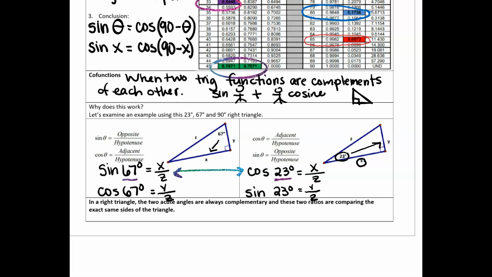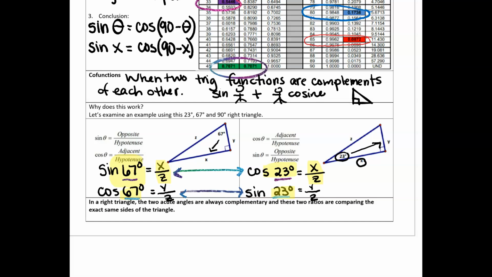Therefore, they are equal. The same thing with cosine 67. You can see here the 67 is y over z, and 23 is y over z. So, the big thing to notice is that that 67 and that 23 are complements of each other. They have the same ratio. Same thing with cosine 67 and sine 23. They have the same ratio.